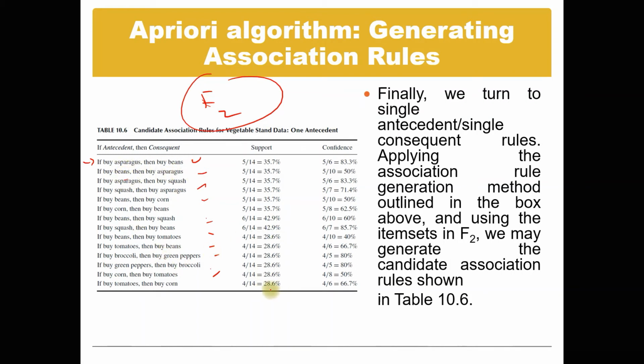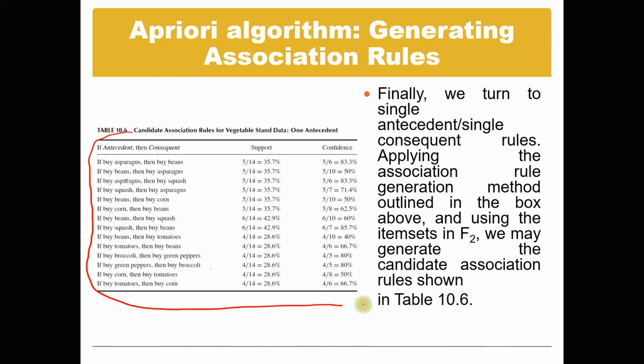All of them, you will see that they have a minimum support of 4 out of 14, that is 28.6% that we mentioned earlier. So this is an example of rules that are being defined from our F2, not from C2, but from our F2. All right.